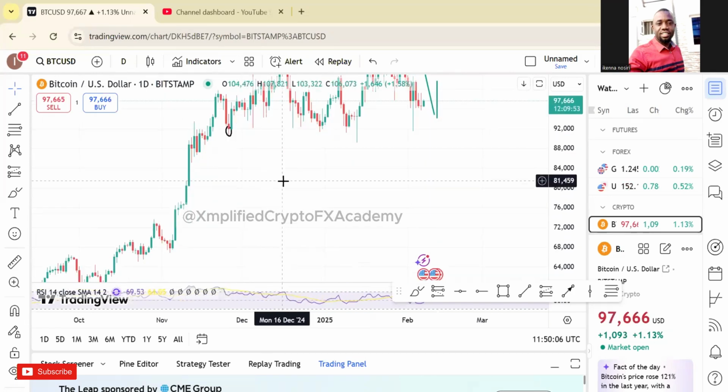Remember what I'm doing right now? I'm trying to combine all the topics I've treated: bullish engulfing candle, tweezer bottom, morning star, and the hammer.